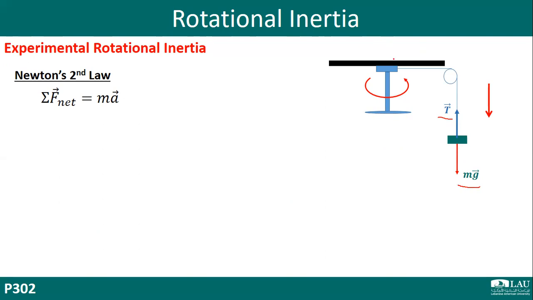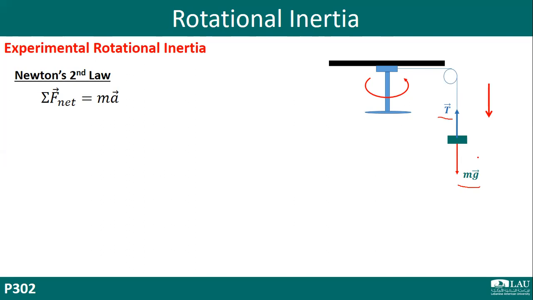We have a disk here. It's horizontal. The string passes over a pulley, the one represented here in blue. As the hanging mass falls, the disk rotates counterclockwise. This rotation is due to the torque exerted by the tension force, which arises from the weight of the hanging mass.